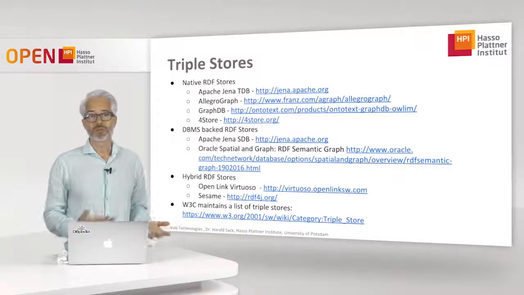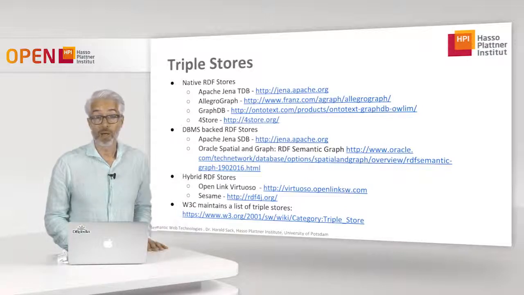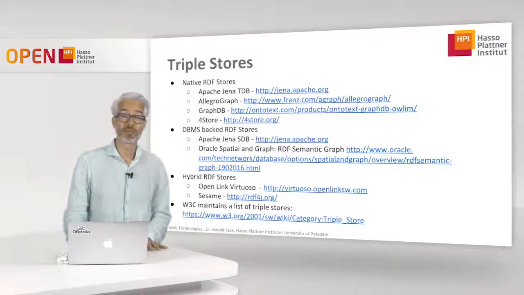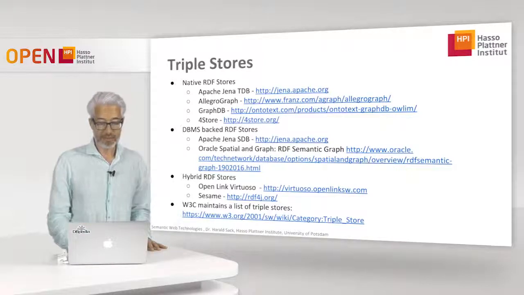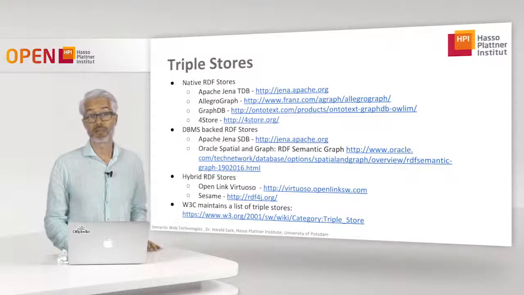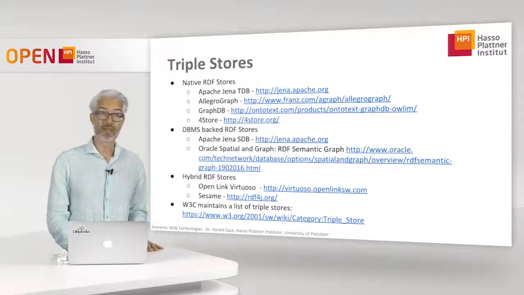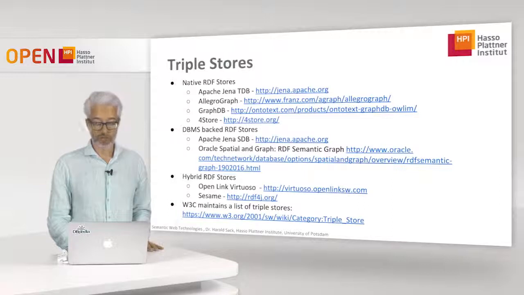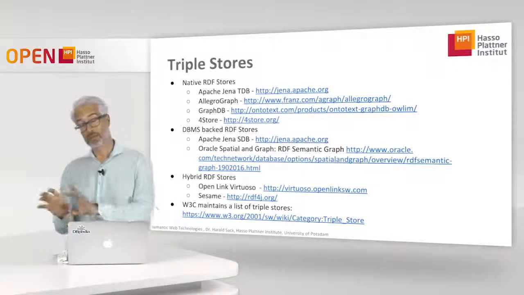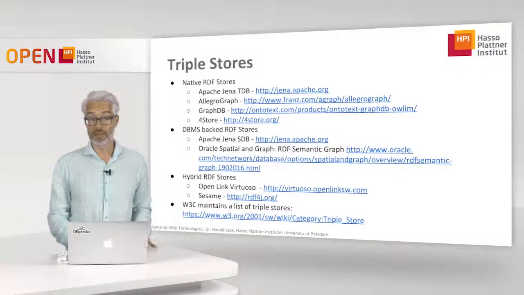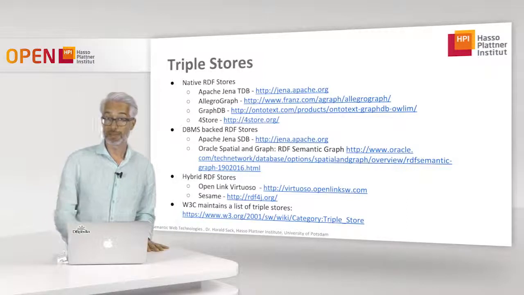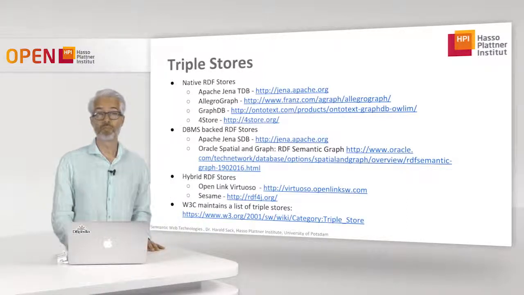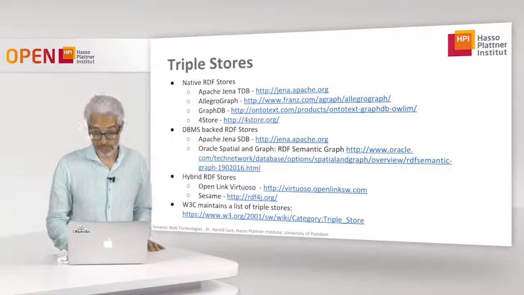To get an overview of what currently exists on the market, so which kinds of triple stores you can use, the W3C maintains a publicly available list where you can access all possible publicly or commercially available triple stores. For example, the triple store to which we have already applied our SPARQL queries, the official DBpedia SPARQL endpoint, is based on an OpenLink Virtuoso server.